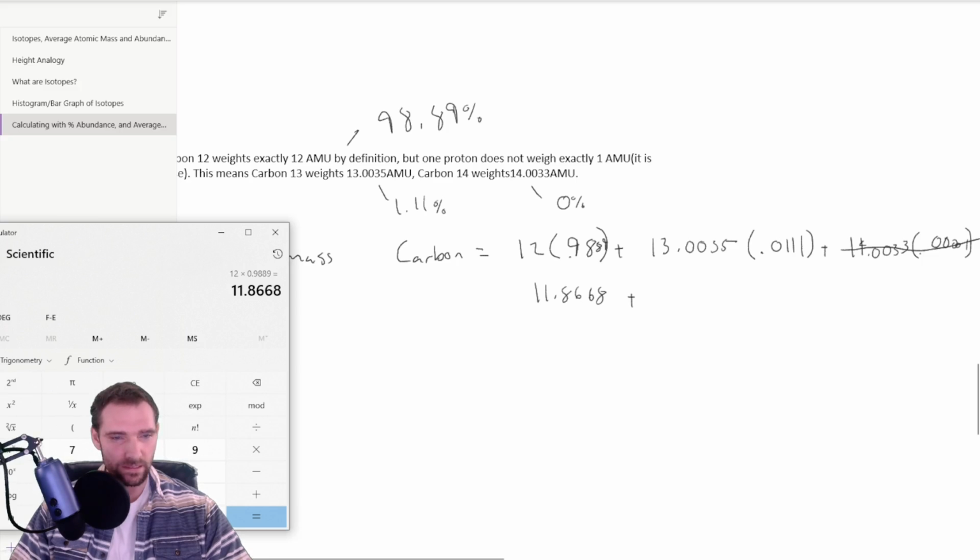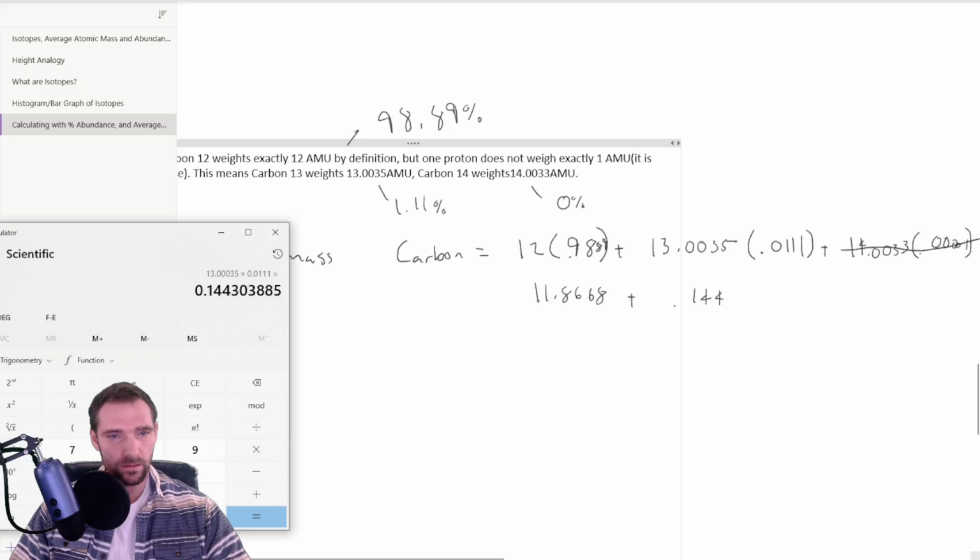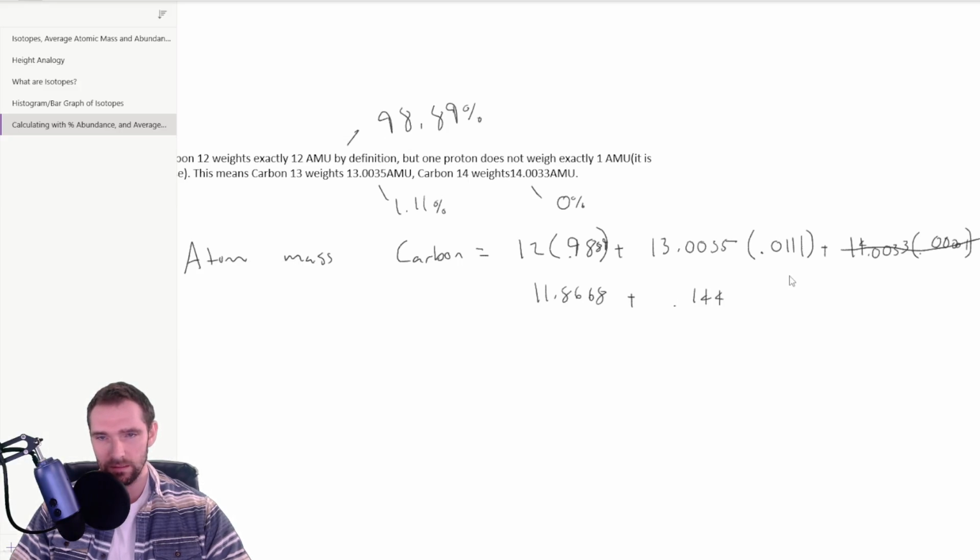It comes out as 13.0035 for its mass, but it's only 1%, so we have to multiply by 0.0111, and that should give us how much it contributes, which is 0.144303. And we could keep on going, but these aren't going to be important for our final significant figures.